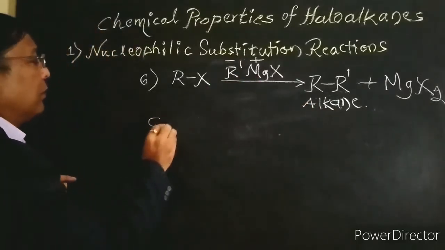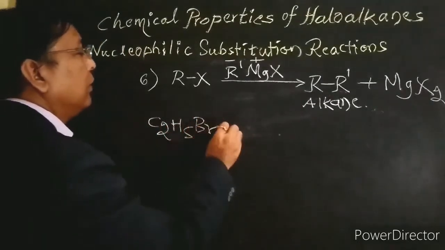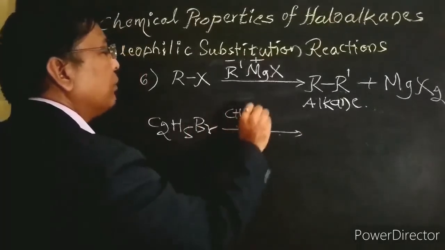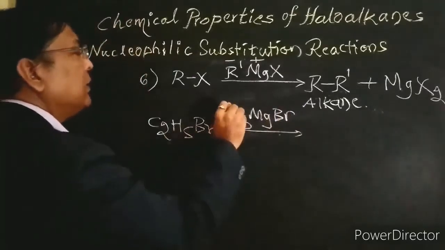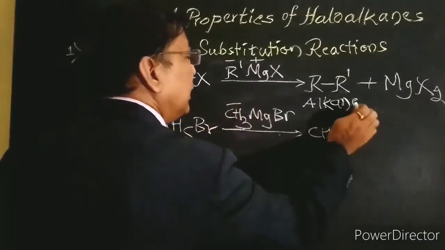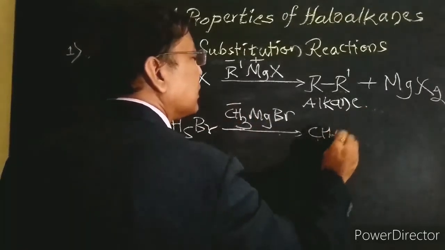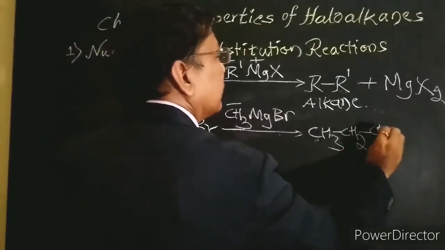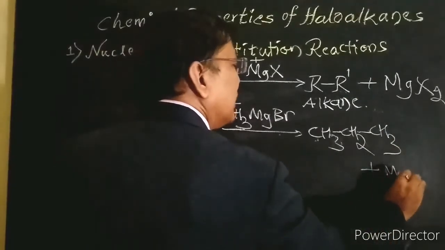For example, if I take ethyl bromide and methyl magnesium bromide as Grignard reagent, this group will attack on this ethyl. I write this ethyl group as CH3 CH2, CH3 plus MgBr2.